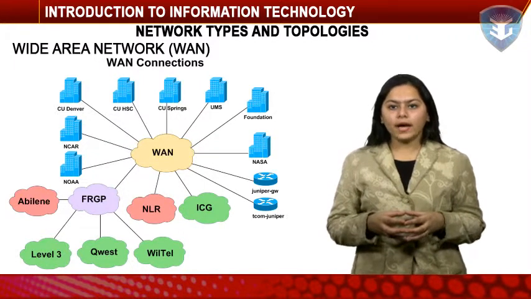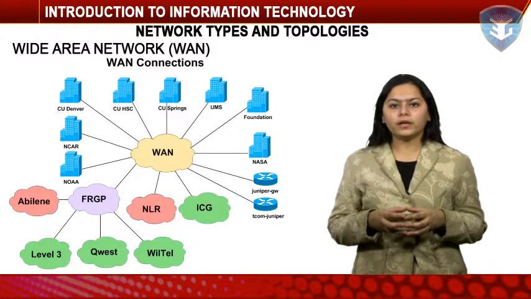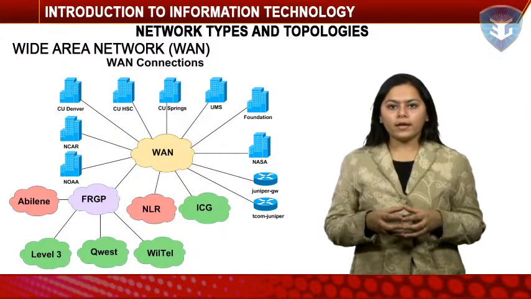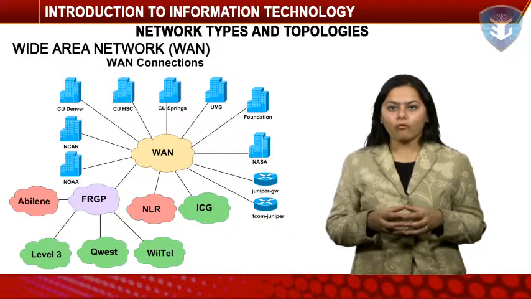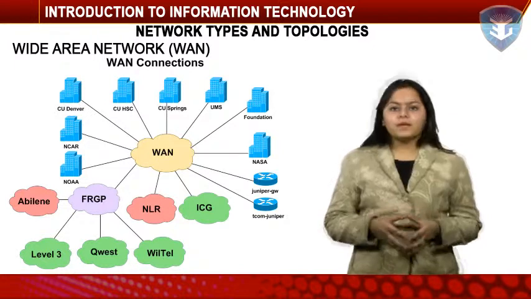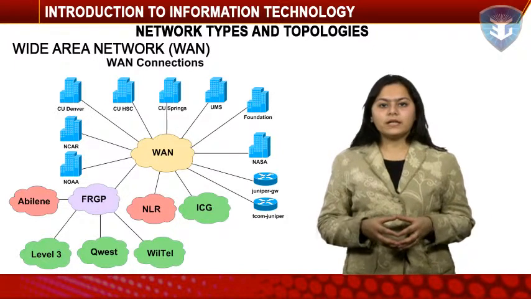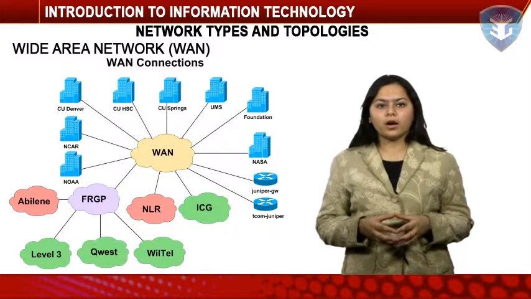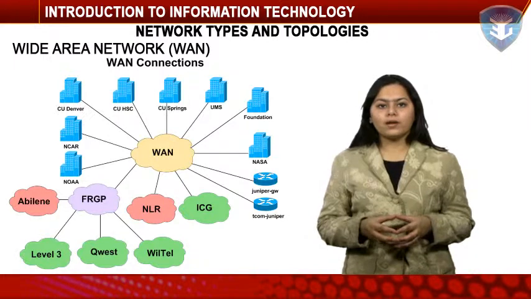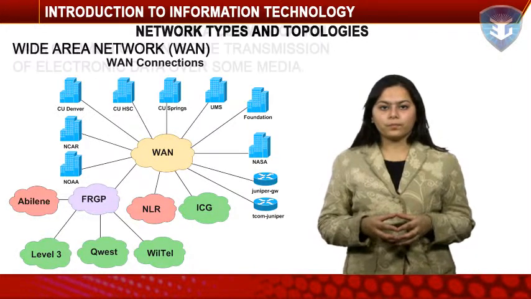A wide area network is a group of interconnected LANs, local area networks that are separated geographically. For example, a company can have offices in different cities. Sometimes users from one city need to access some data that is located on a server in another city.